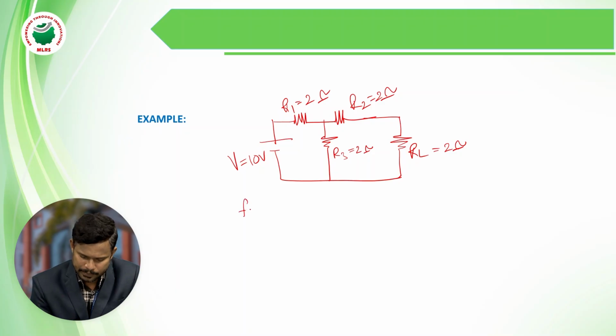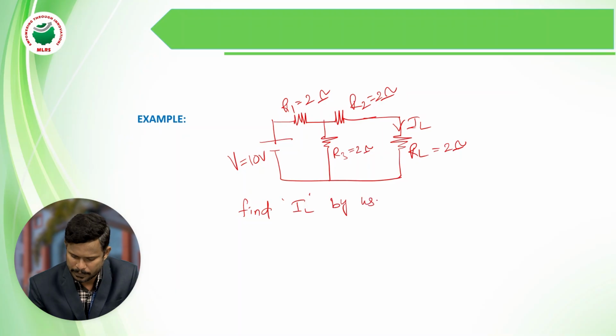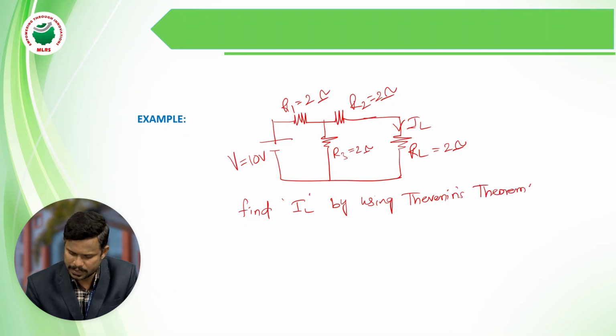Then find the load current, that is current flowing through the load resistor RL, by using Thevenin's theorem. This is the given question.